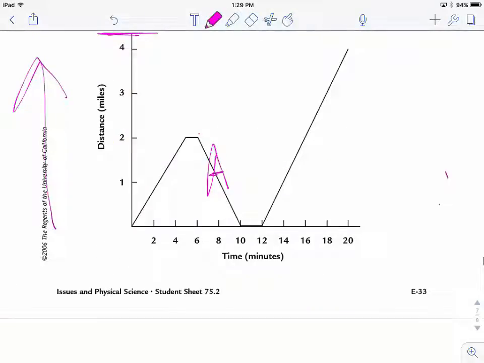How many miles is in this one? 2. What happened in this one? Stop. No, this right down here. Stop. He stopped at home. Okay, well we're getting down to the only choice we have left, but let's take a look.